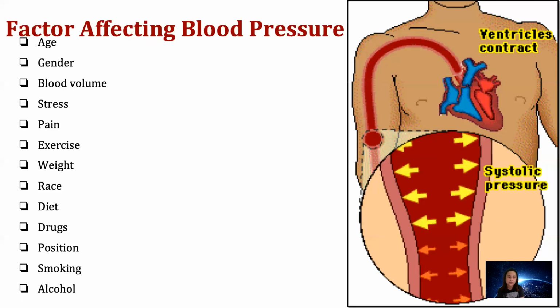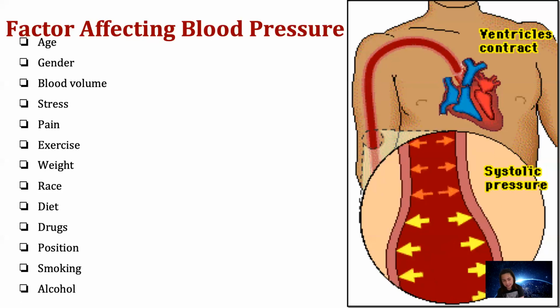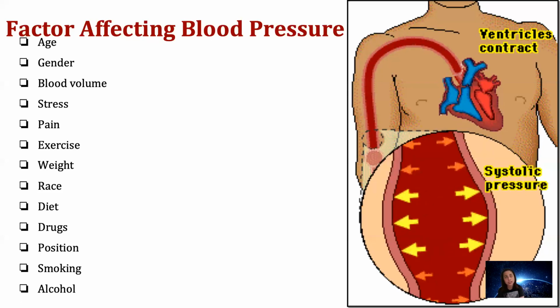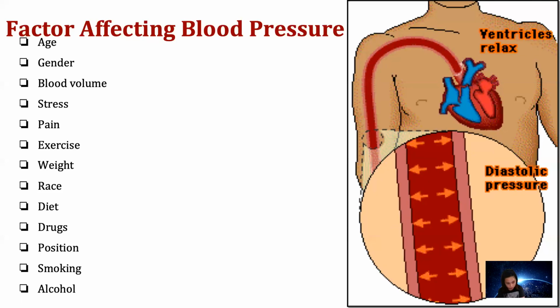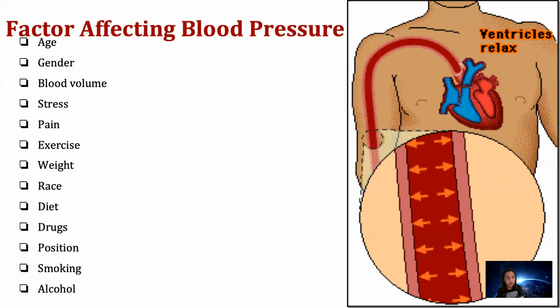Then if you're stressed, mas mataas ang blood pressure. Pag in pain ka, mas mataas ang blood pressure. Pag nag-exercise ka, mas mataas. Pag weight, mas mataas ang weight mo, mas mataba ka, mas at risk ka na mataas ang blood pressure. Sa race, ibig sabihin anong lahi ka, usually Americans or Black Americans are more at risk of having high blood pressure.